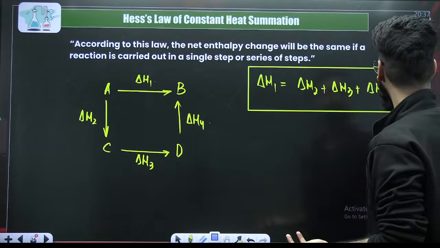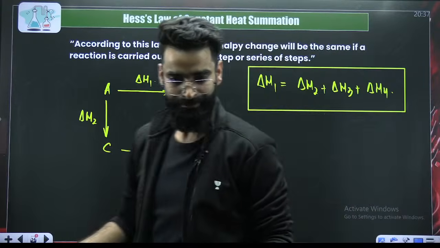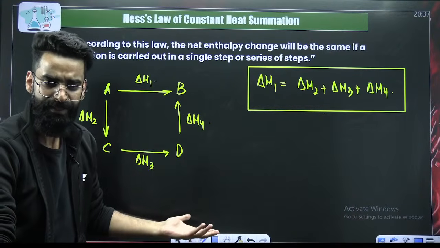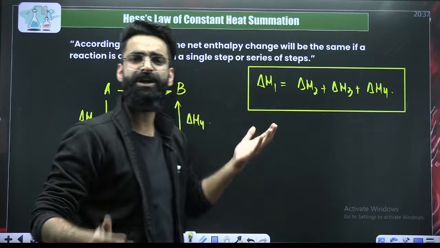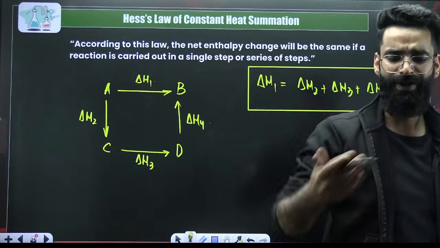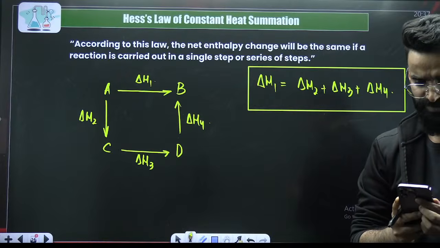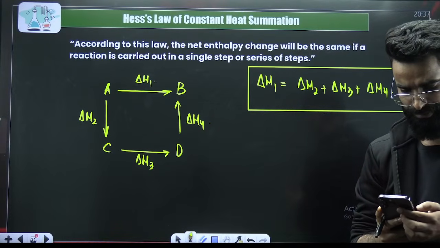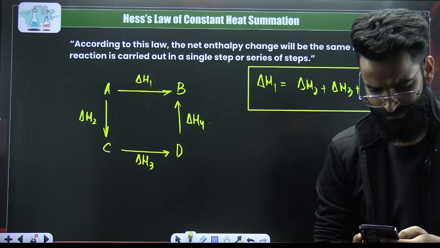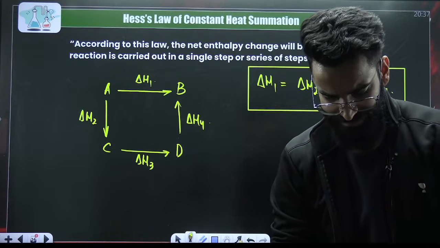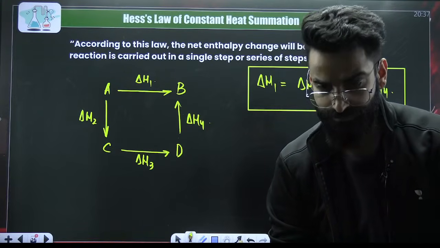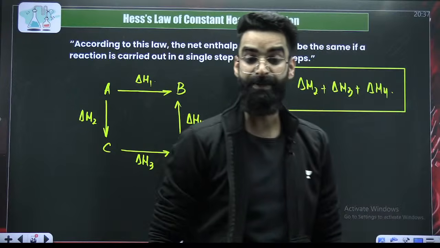That's all. Isn't it simple, people? Whether you carry out this reaction in one step or more than one step, enthalpy change will always remain the same. It is independent of the path.